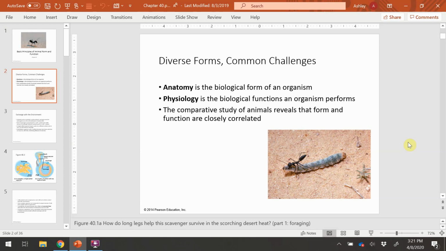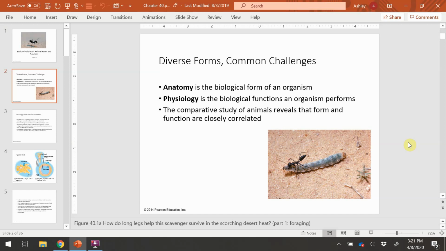Anatomy is the form, whereas physiology is the function. So the biological functions an organism performs. How does it perform these functions? What comes out of these functions? Why are these functions useful?